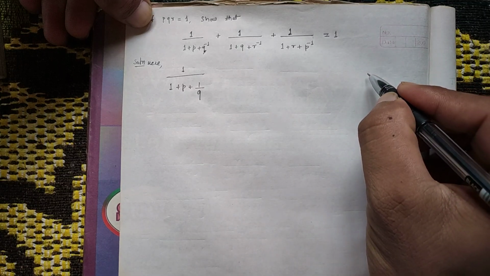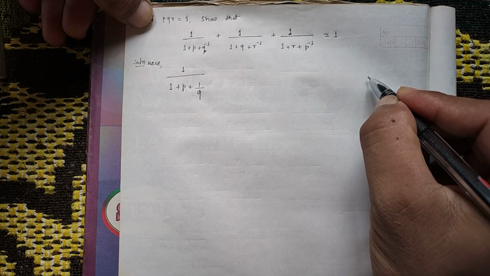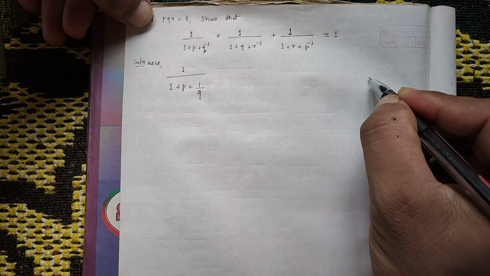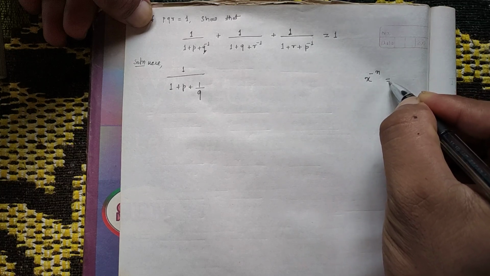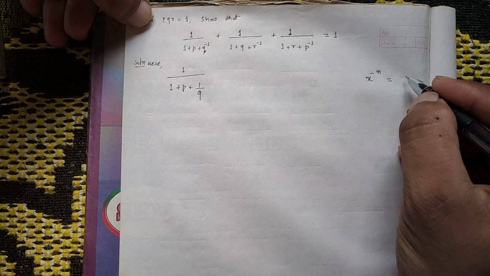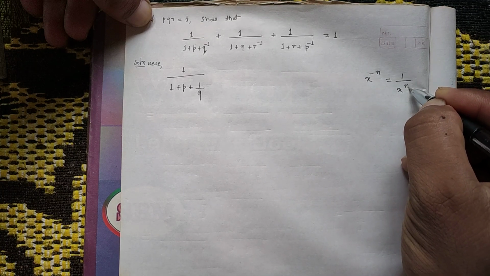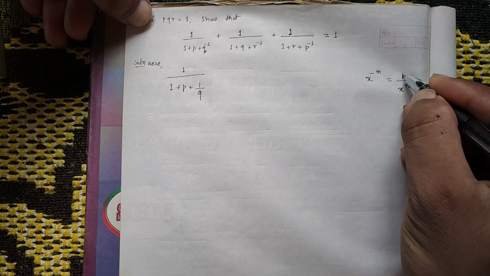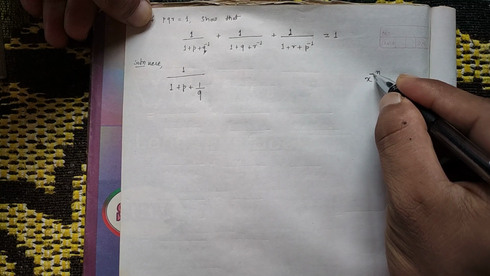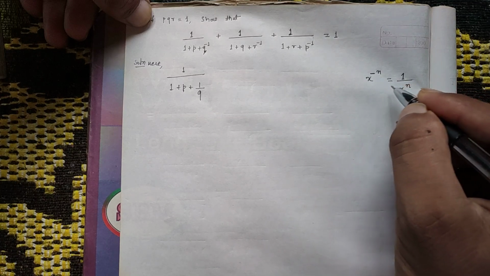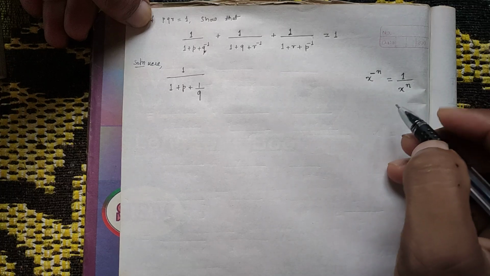So in fraction form, from the laws of indices, we know that if there is any negative power, like x to the power minus n, while we write it in fraction form, it becomes 1 by x to the power n. The sign of the power is changed, not the sign of the variable. Okay, don't be confused. We can change only the sign of the power.